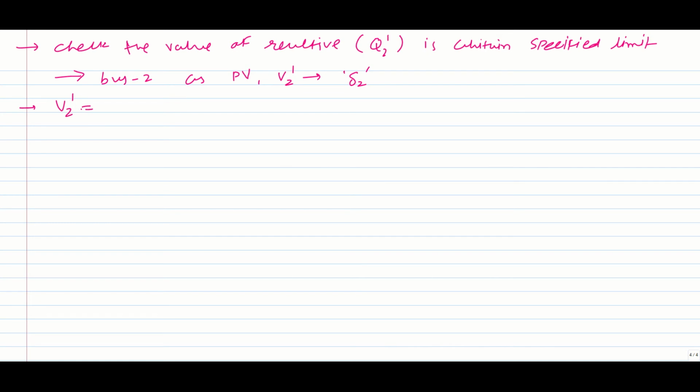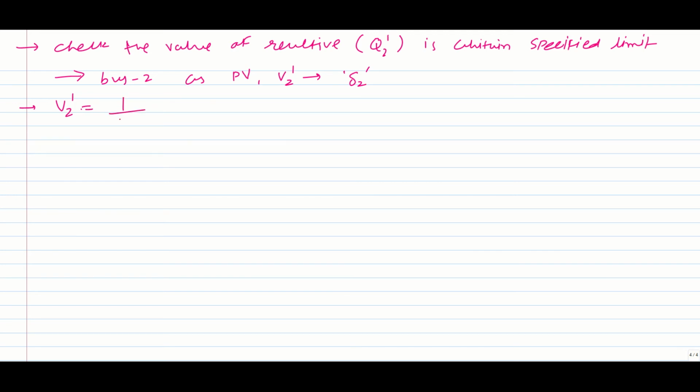So we know the equation for calculation of voltage at bus number 2. If you don't know, just recall the case where we consider the PV buses absent, equation number 7 in step number 7.